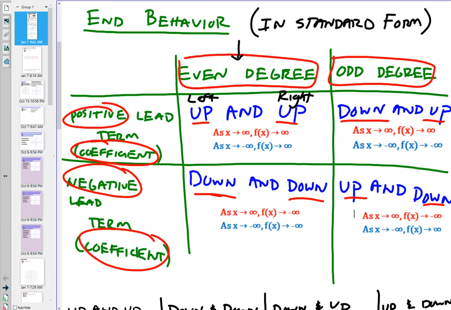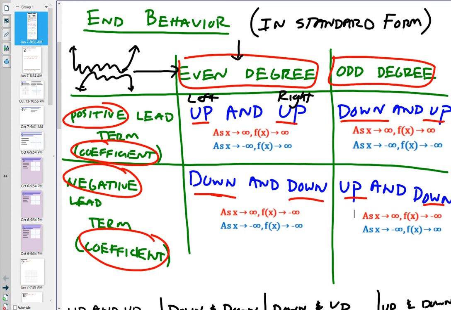So what this graphic is telling you is, even if it's not a parabola, if it's 4th degree, 6th degree, 8th degree, the only thing that's going to look different is that in between the arrows, you might get a whole bunch of this. But at the end, the arrows have to either both be up or both be down if you have an even degree.